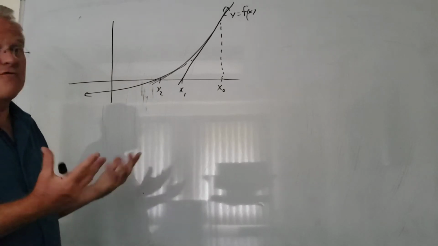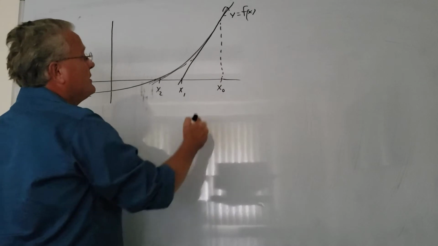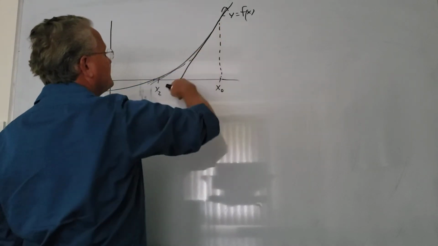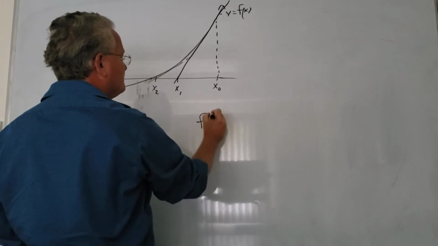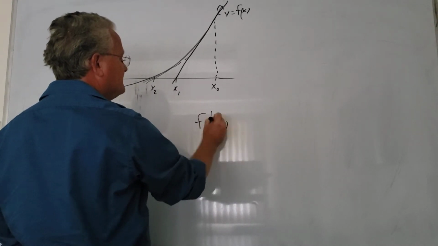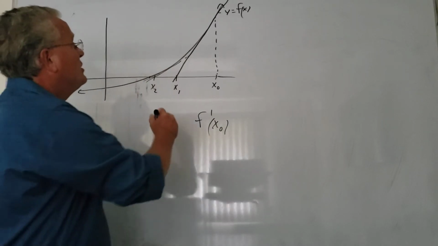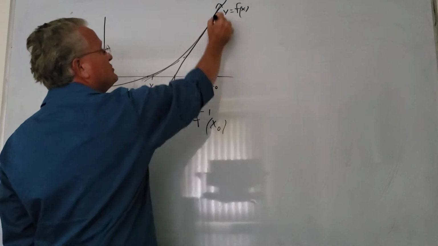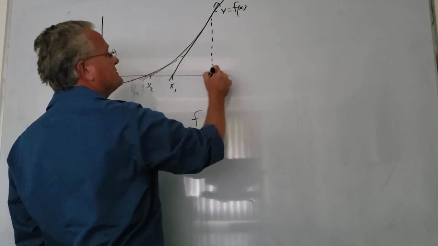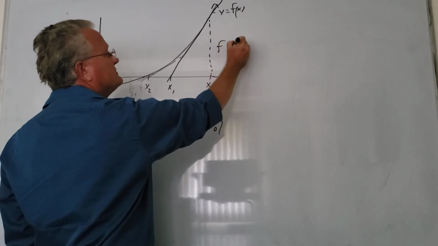So what's the formula that does this process? Well, what do we do here? What's the derivative at x0? Well, the derivative is the slope of this tangent line. What is the slope of this tangent line? Well, the slope is the change in y, so this distance is our function evaluated at x0.